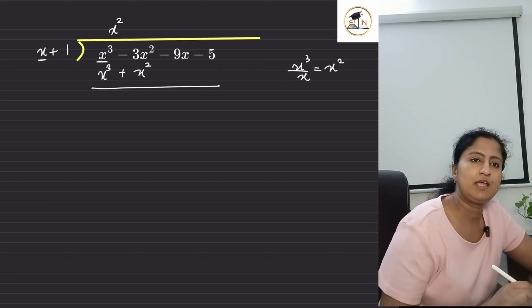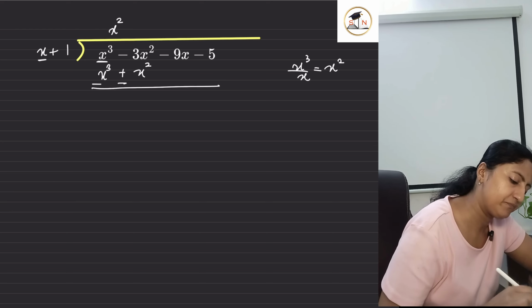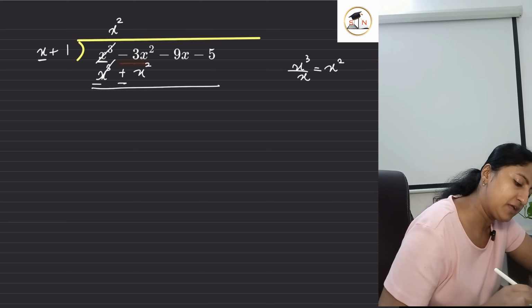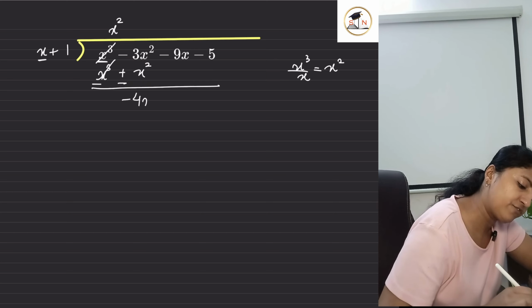Now, after we have written x cubed plus x squared, we are going to subtract them. Subtract x cubed minus x cubed. So this cancels out. And then we have minus 3x squared minus x squared. So this results in minus 4x squared.